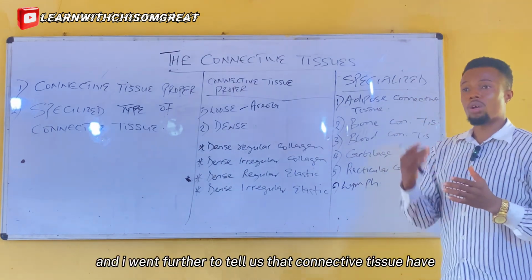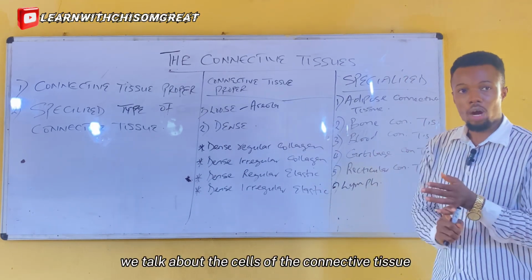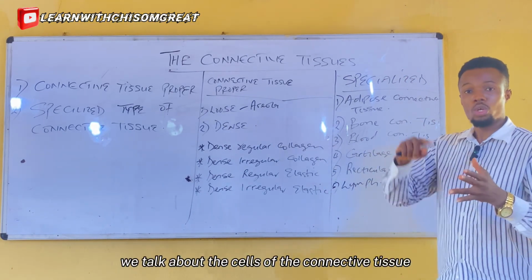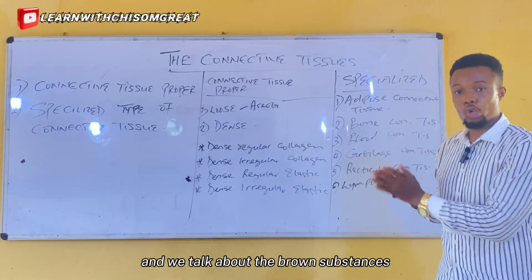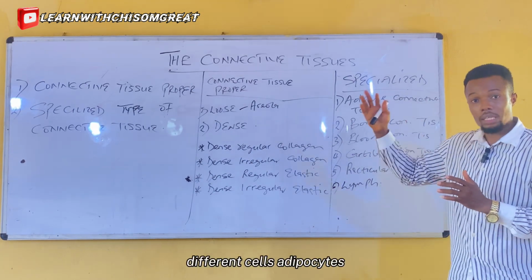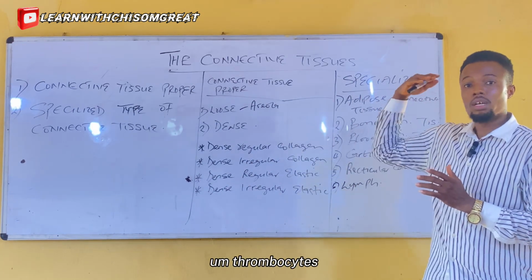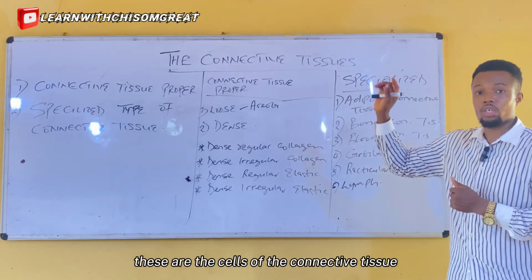I went further to tell us that connective tissue has three components: the cells, the fibers, and the ground substances. For the cells, we have adipocytes, chondrocytes, plasma cells, thrombocytes, and the rest of them.